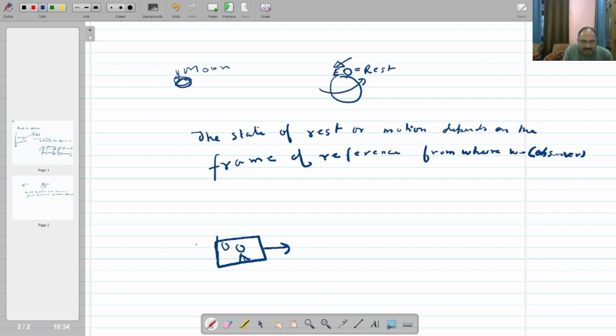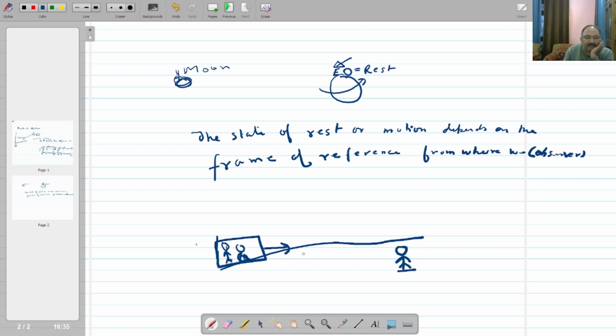Ram is there with him, who is taller than him. Ram is sitting over here, and another observer, Govind, is there on the ground. He is watching them also. He is on the ground.